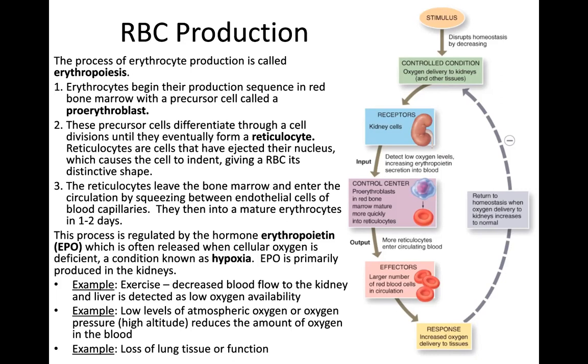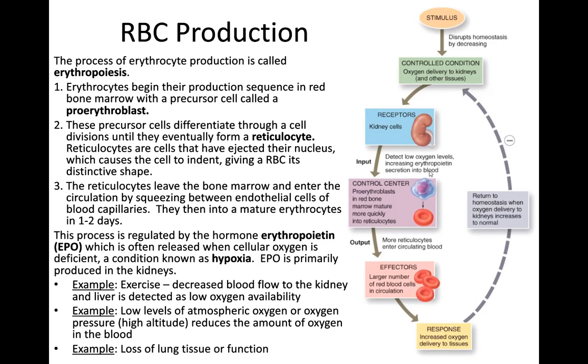Okay. So in our figure on the right, we show some type of stimulus disrupting homeostasis by decreasing oxygen delivery to the kidneys, where the kidney cells then detect that low oxygen and therefore increase the synthesis and secretion of erythropoietin or EPO into the blood.